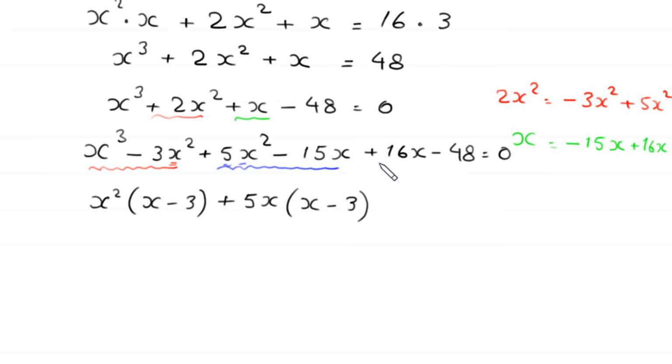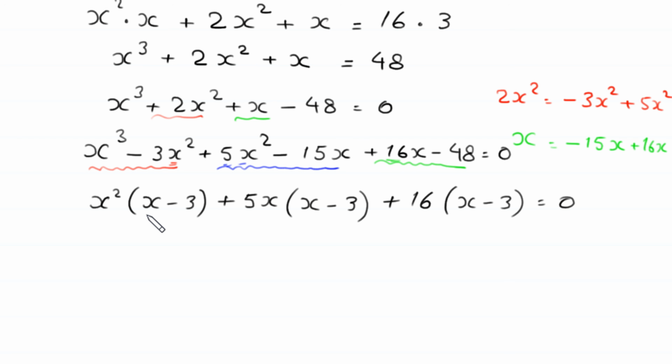And from these two terms, 16x minus 48, we can factor out 16 as common factor, in bracket left x minus 3 is equal to 0.